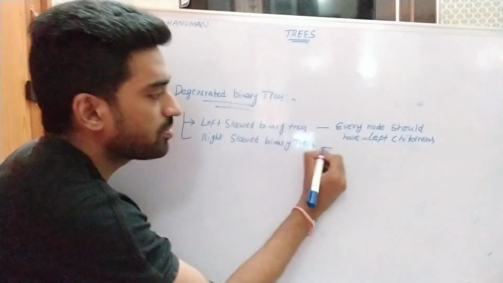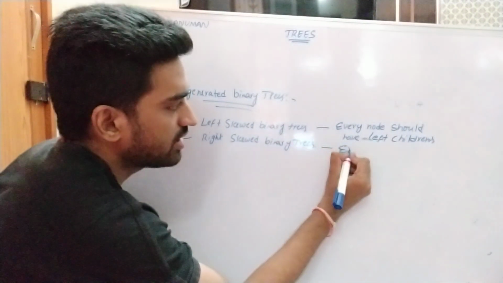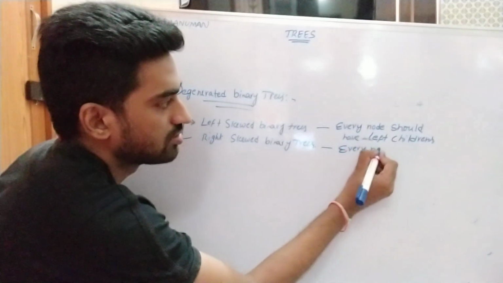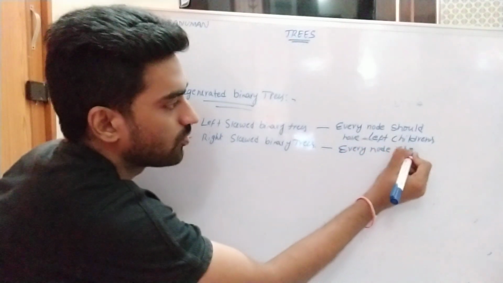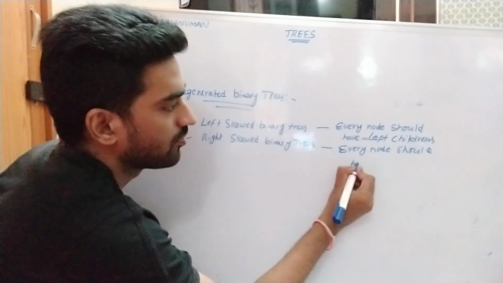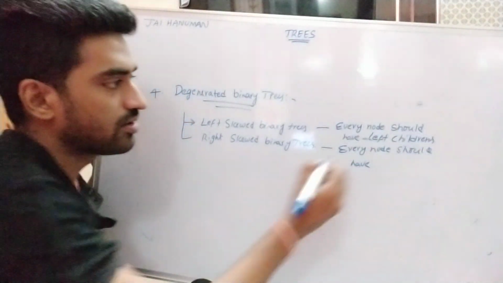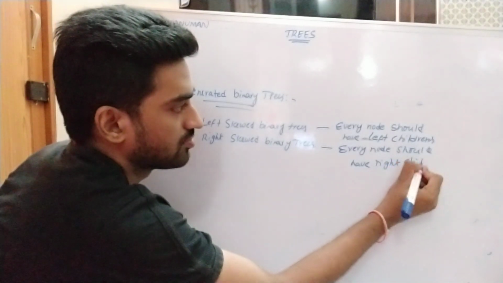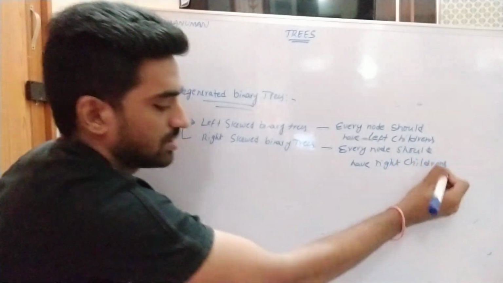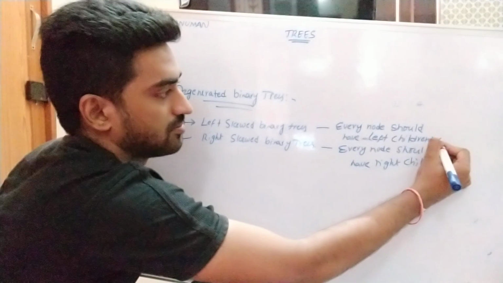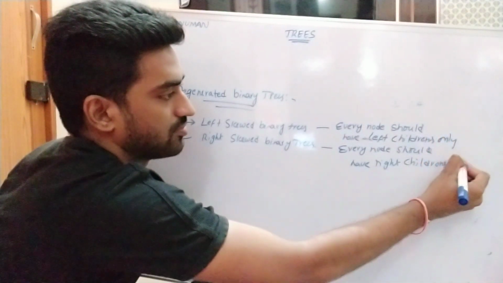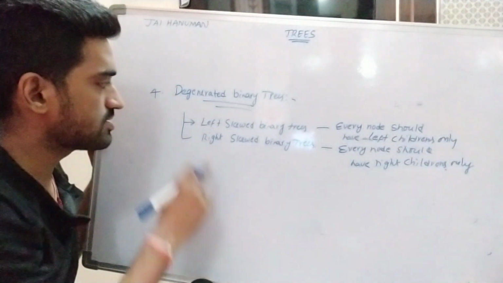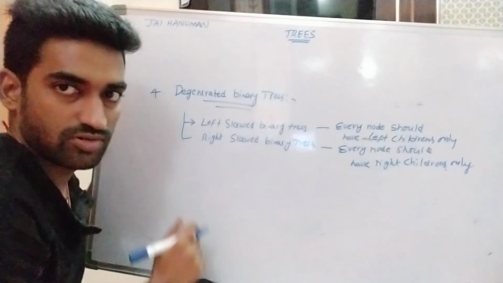Coming to a right skewed binary tree, every node should have right children only. So this is about the left skewed binary tree and right skewed binary tree.